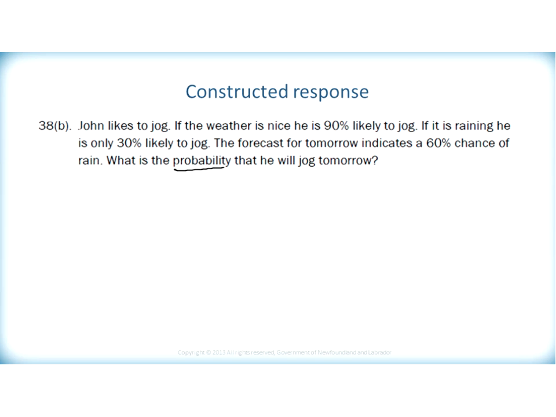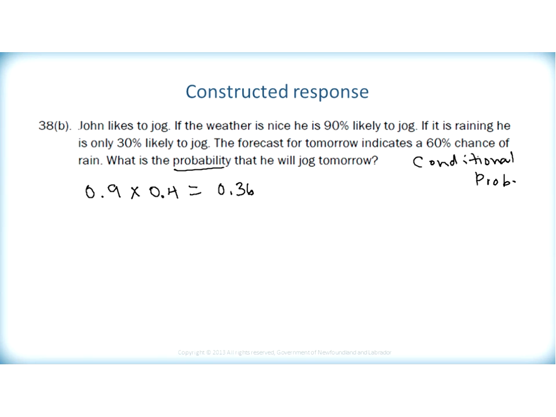So he's 0.9 likely to jog on nice days. And tomorrow, it's a 60% chance of rain. So that means it's going to be a 40% chance it'll be nice. That will give us 0.36. This is conditional probability. Yet John will still jog if it's raining.